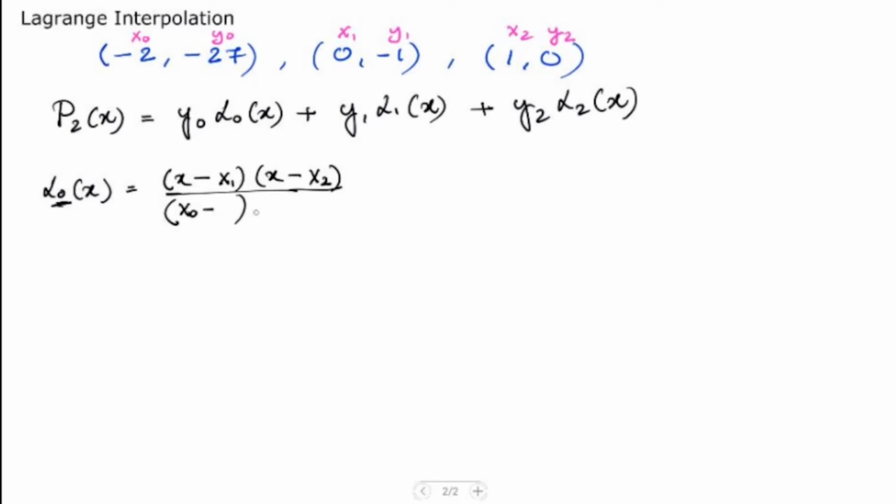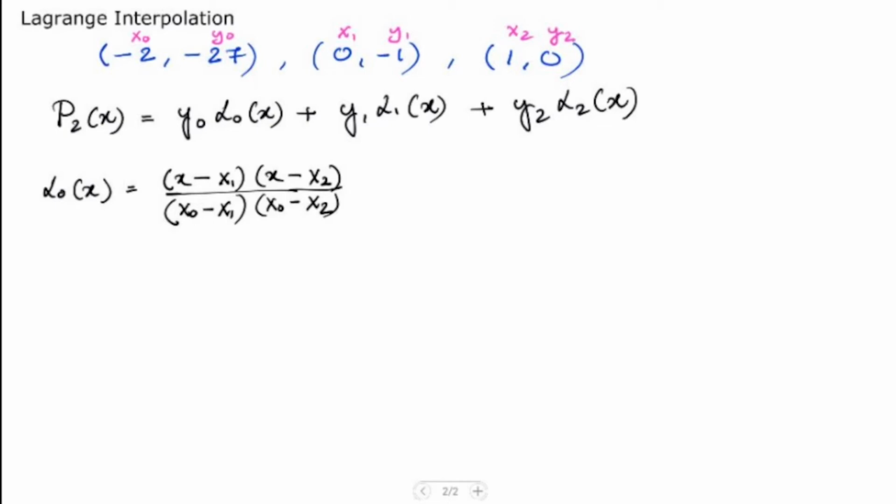This is a standard formula already, but I'm just showing you how you can remember it so that you don't have to learn it by heart. So down here you will subtract from x0 whatever you subtracted above: above you subtracted x1, so down here also you subtract x1, and above you subtracted x2, so down here also we subtract x2. So that's the formula for L0x.